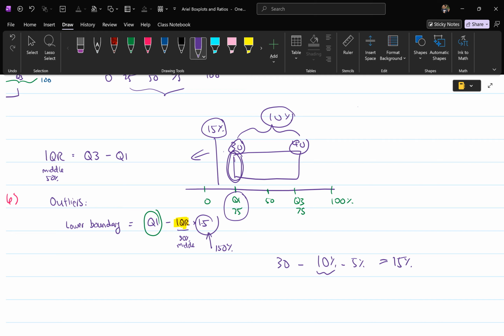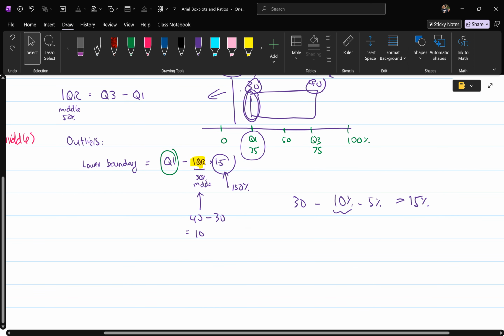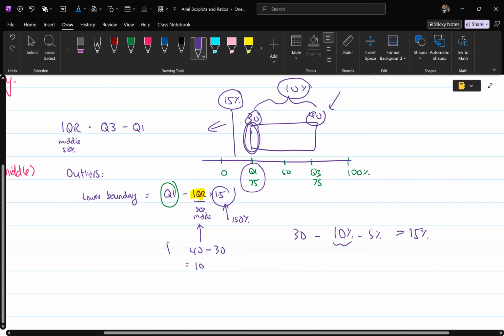So how did I work that out? I just simply took the IQR. I said, let's say the middle of the top half is 40, so Q3 minus Q1, which is 30, gives me 10. Then I said, take the lowest person. So IQR is equal to 10 now.